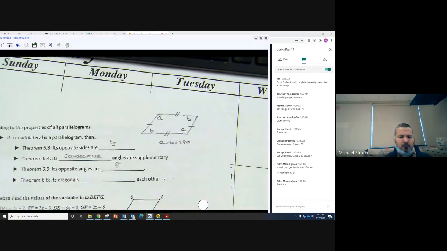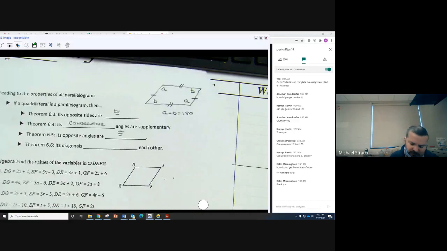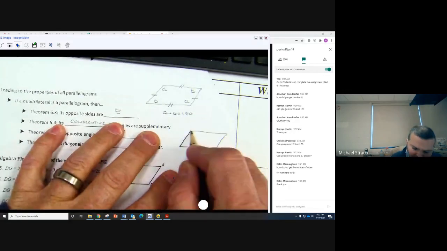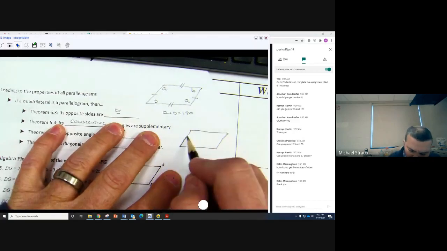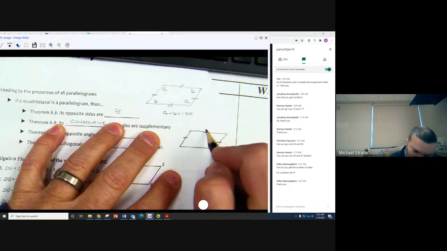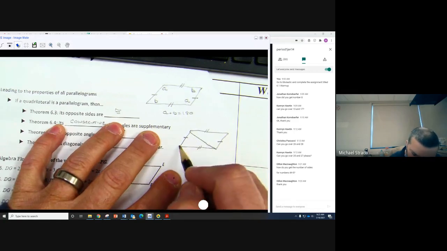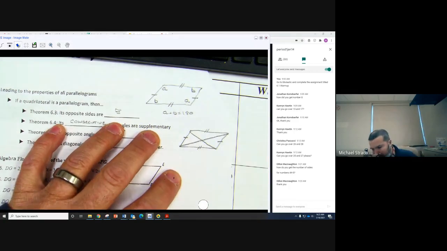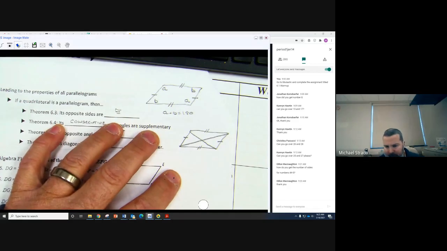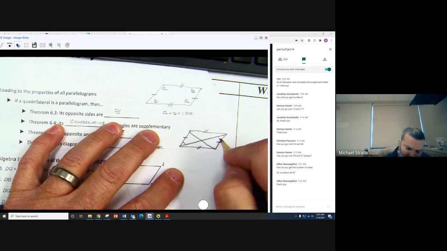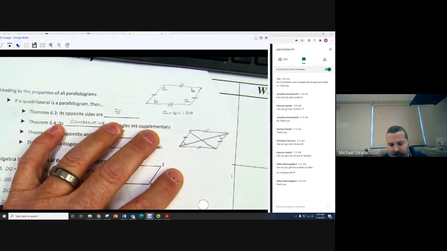All right, now really quick, just to show you where theorem 6.5 comes from, because that's a little different. Here's the parallelogram. We now know that's congruent to that, and that's congruent to that. If I draw in both diagonals, this angle is congruent to that angle by alternate interior angle.